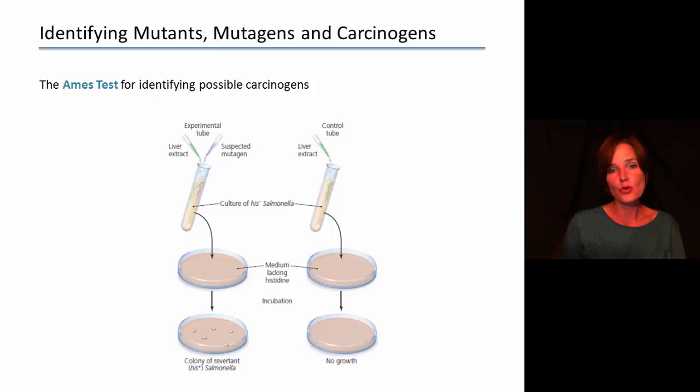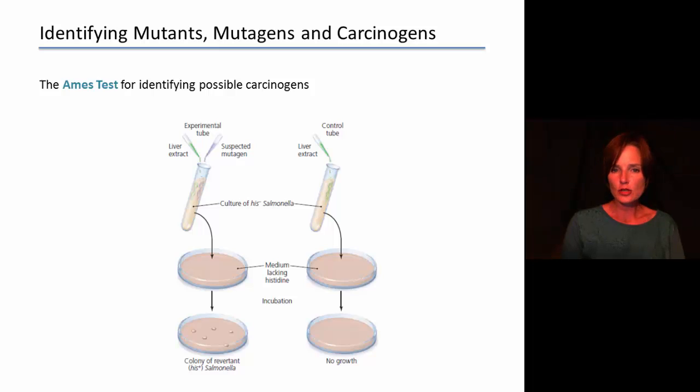The Ames test is going to be a useful test for identifying possible carcinogens. This means chemicals that can potentially cause mutations and later cancer. What we're looking at here is some bacteria that typically would not be able to grow on this media.